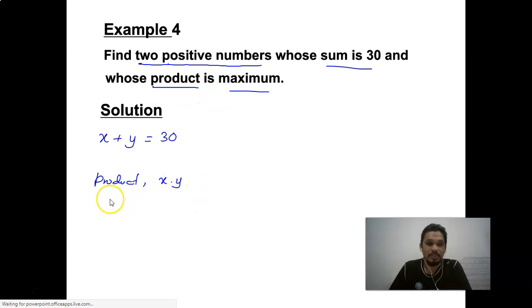So we put P equal to x multiplied with y. These two are the information that we can get straight from the question.